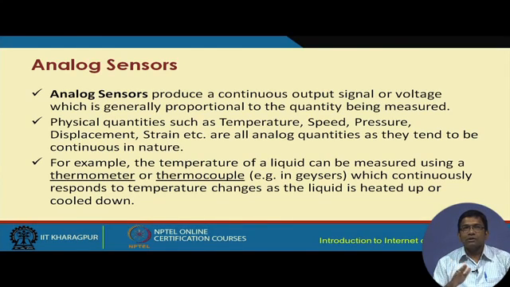Based on the amount of bending, they measure the changes in temperature. If you calibrate the thermocouple, it is going to give how much the temperature has changed, and depending on that one can understand how much the liquid has heated up or cooled down.